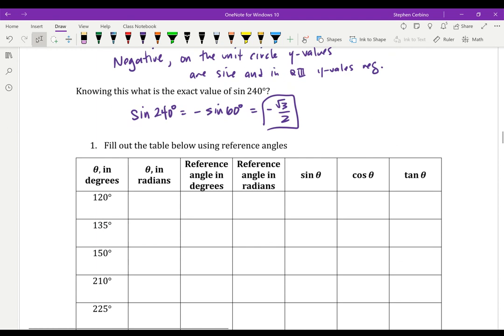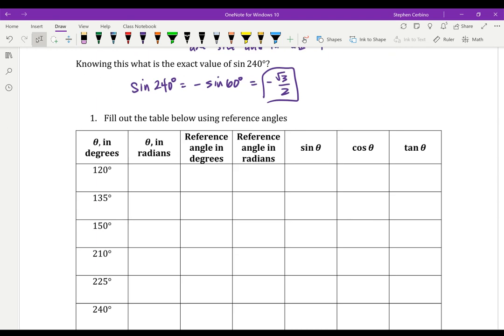So what we're going to do for this chart is I'm going to do quadrant 2 with you. I'm going to tell you to pause the video and then try quadrants 3 and 4 yourself. One of the things that we have to be able to do is quickly convert from degrees to radians or radians to degrees.